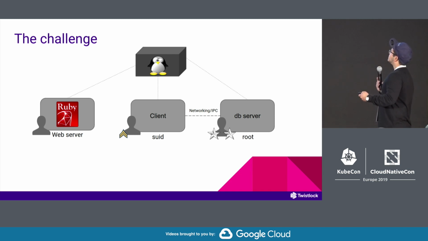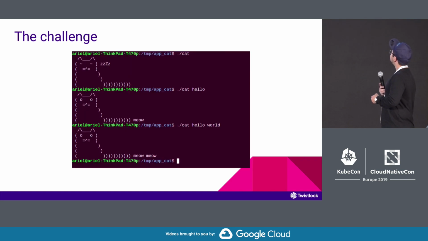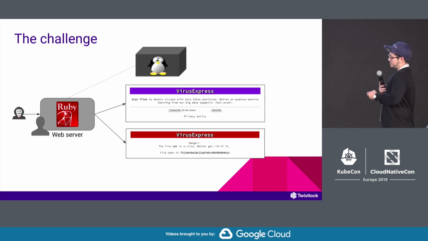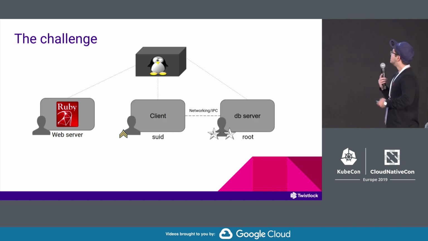If the Ruby server is just a simple Ruby user, then the client would be some other user that you have to access as soon as you get shell access from this user, and the DB server runs as root. The Ruby server has some flaw in it that we put in, so you can do a reverse shell and get access to the machine. This is the first entry point. And so you go from this screen to an actual shell.